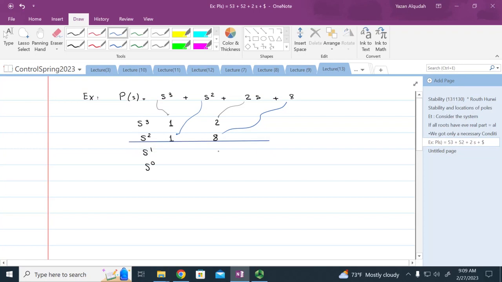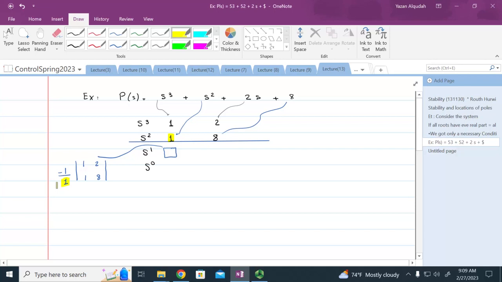So then we draw our line, and we start calculating the new elements. We have this element that we're going to calculate, and it's going to equal negative 1 divided by 1, the determinant of 1, 2, 1, and 8. Which is negative 1 divided by this element, and then the determinant by these two.